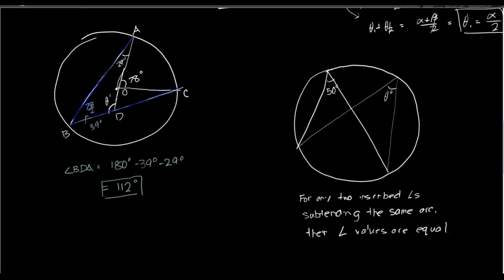But nevertheless, since this inscribed angle here and this inscribed angle here are subtending the same arc, their values must be equal, and therefore theta is equal to 50 degrees.